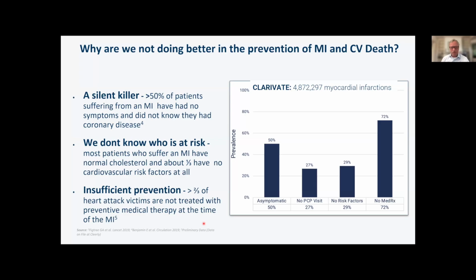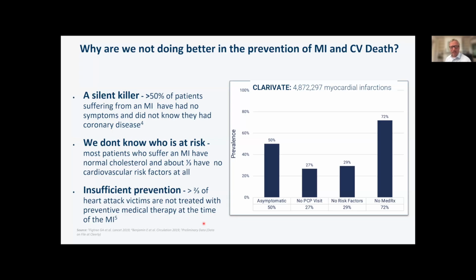The second thing is we don't know who is at risk. Most patients who suffer from MI have normal cholesterol, and about a third have no cardiovascular disease. You guys mentioned LDL previously, but it is probably relatively unknown that when you look at the population-based studies, MESA, Framingham, LDL cholesterol at baseline is not related to events.